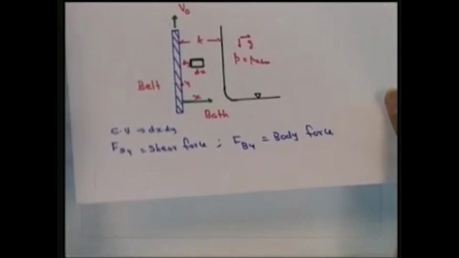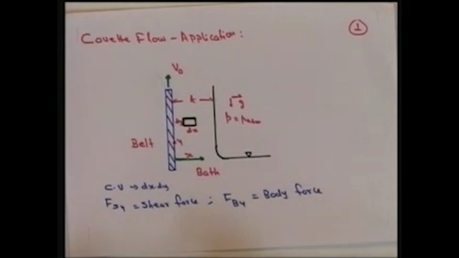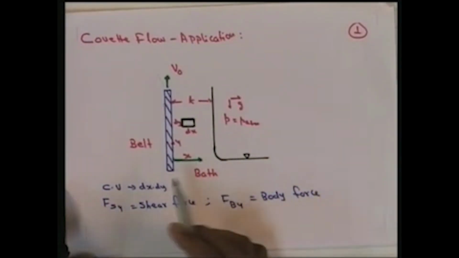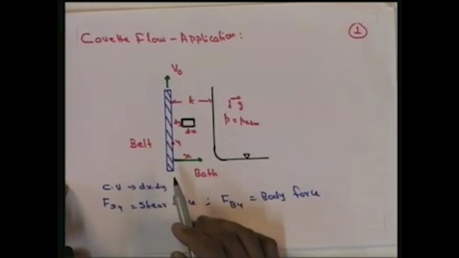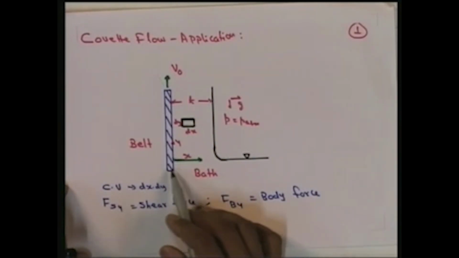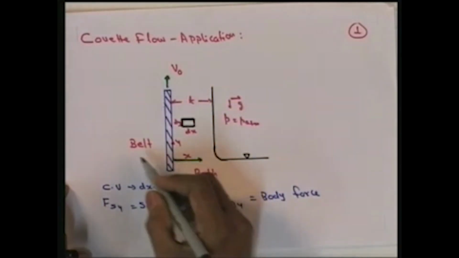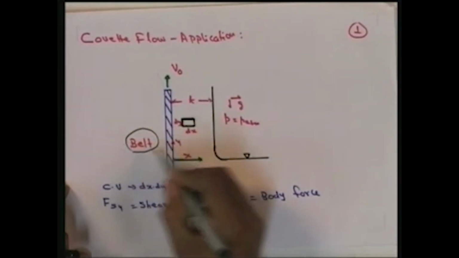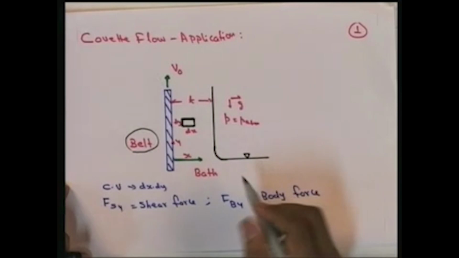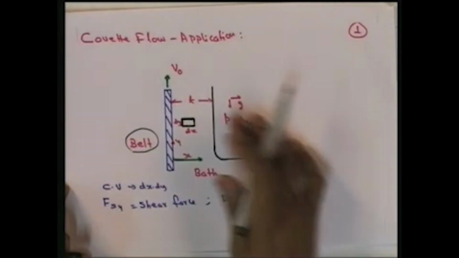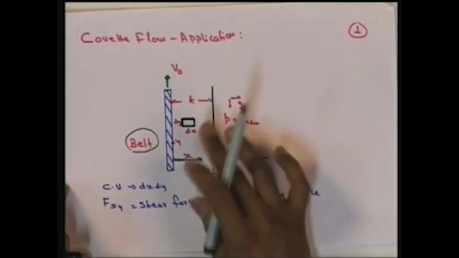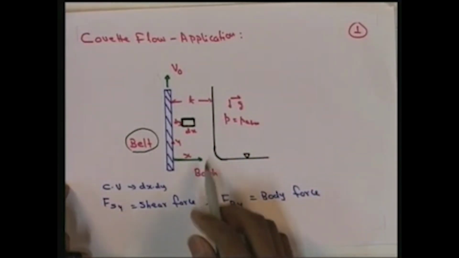This particular case is explained here in this figure, the application of Couette flow. Here the belt is moving with a velocity v0 in this direction, and this is the tank where the chemical in fluid form is kept, a bath of fluid.